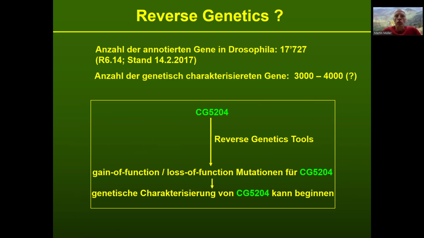So when you go the reverse genetic approach, of course it's also possible that when you mutate it using the reverse genetic tools, you will not have a phenotype. It's not an essential gene, in other words. Or the effects are so mild that you will not necessarily have a clear-cut phenotype.